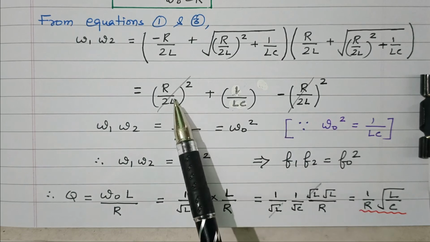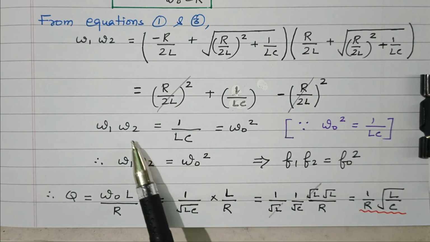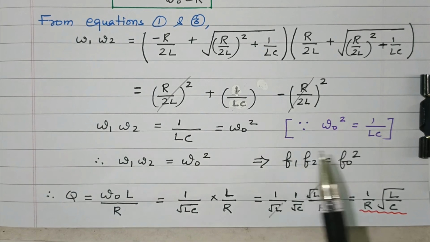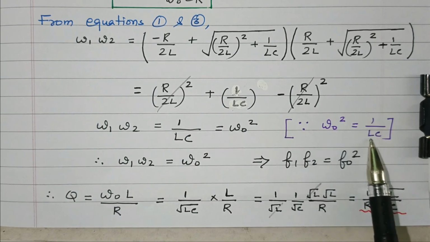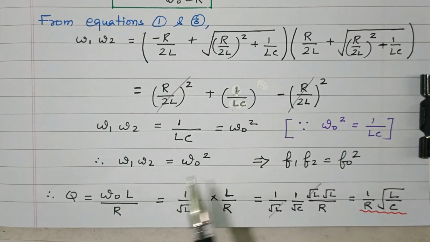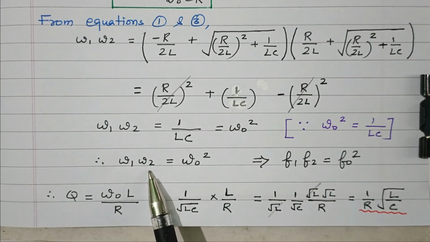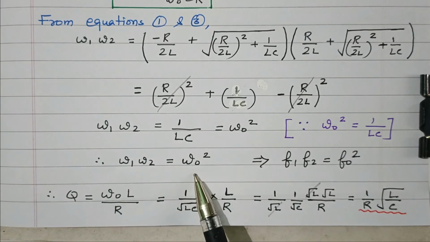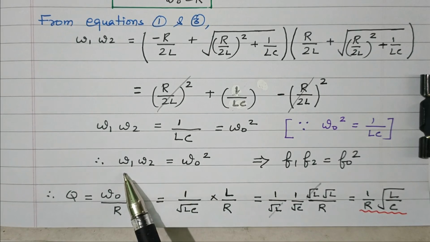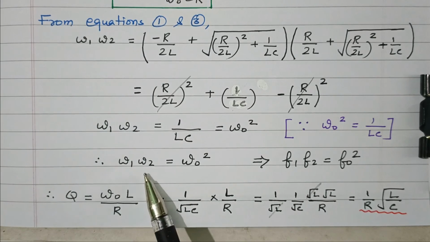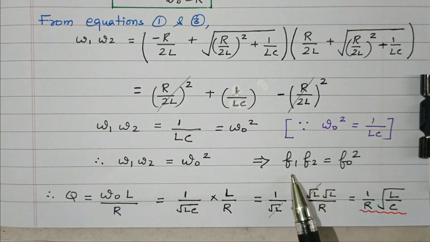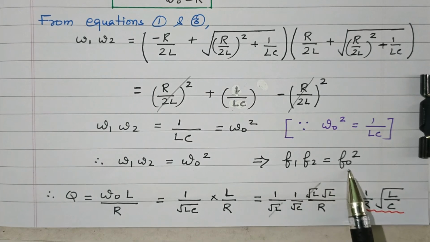While taking the square, the square root disappears: R divided by 2L the whole square plus 1 by LC, minus B square, where this R by 2L is the B, so R by 2L the whole square. So these two terms got cancelled. So we have omega 1 omega 2 equal to 1 divided by LC. But omega naught square is 1 divided by LC. So omega 1 omega 2 equal to omega naught square. The resonant frequency omega naught square equals the product of the lower half and upper half frequencies. Based on that we write f1 f2 equal to f naught square.